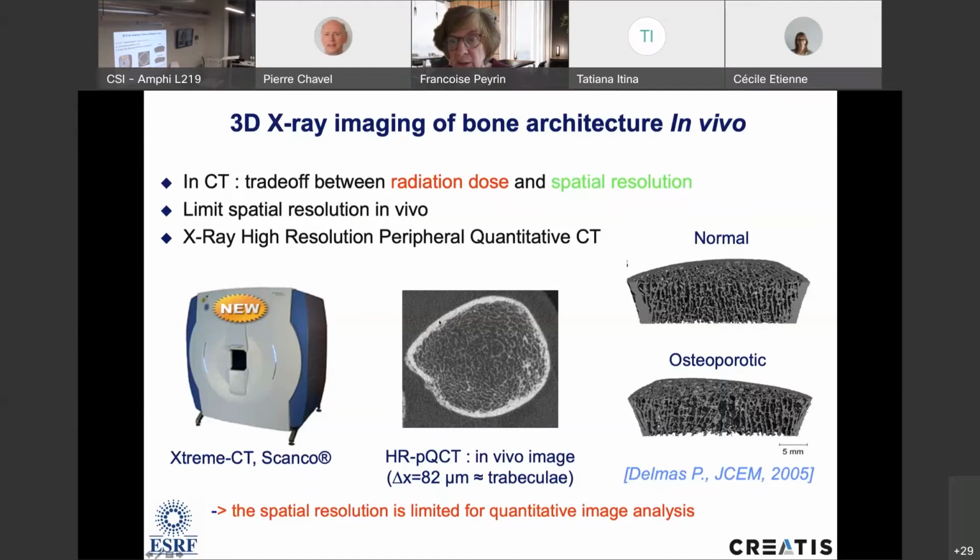So it allows us to see the peripheral structure of bone and the inner structure of bone.